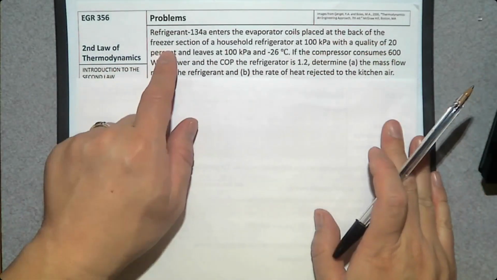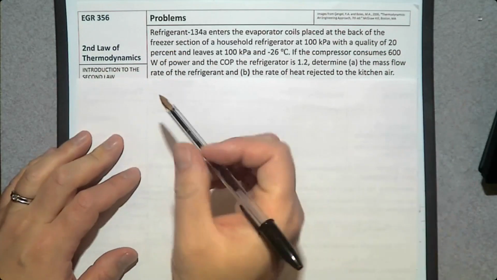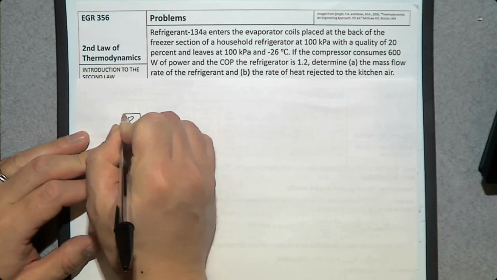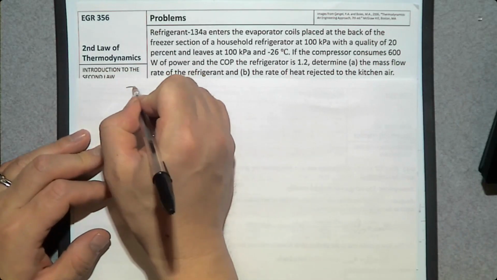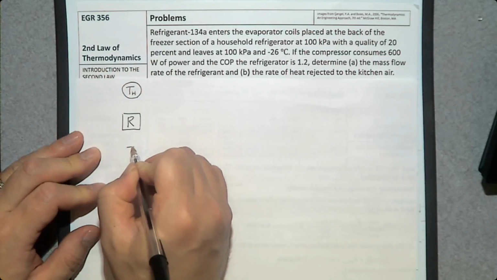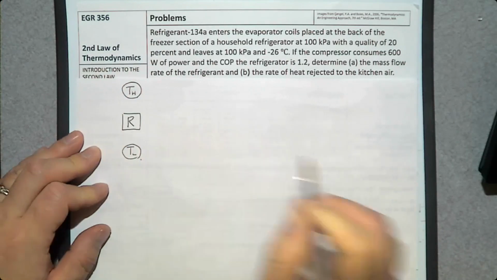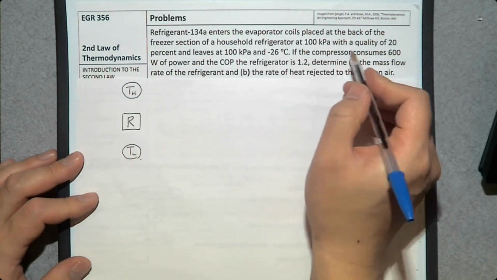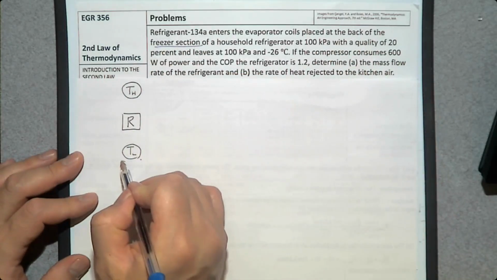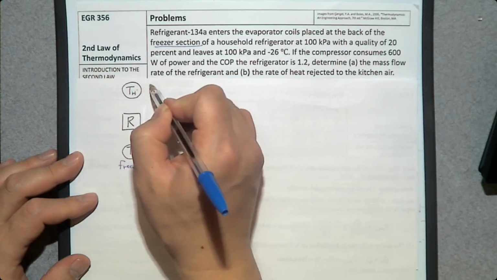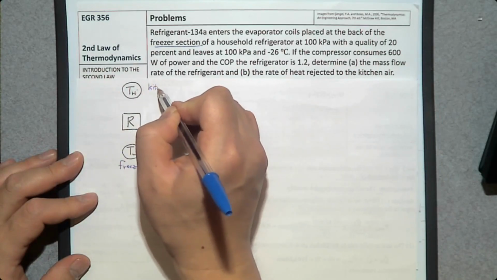At the back of the freezer section, so we have a refrigerator. This refrigerator has two thermal energy reservoirs. One is at high temperature. The other one is at low temperature. So this is the refrigerated space inside of the freezer section. And outside is going to be the kitchen, right?